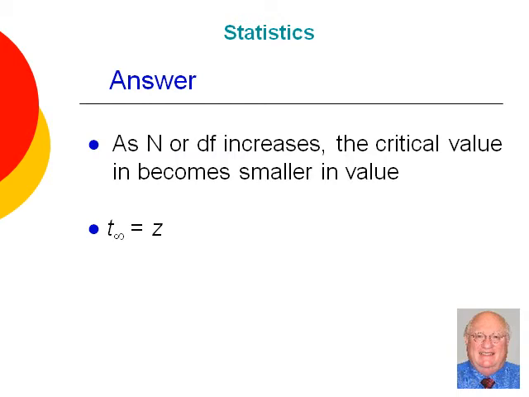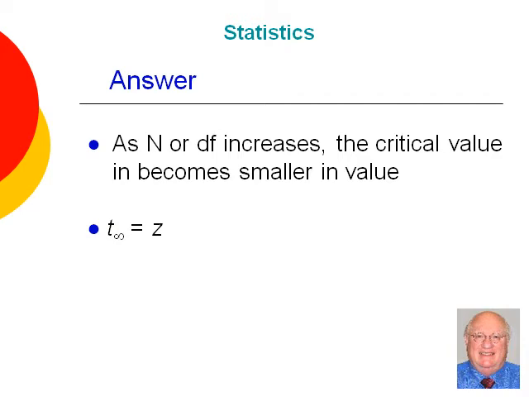And the critical value we would use if we had 20 degrees of freedom is plus or minus 2.086. Look through the column and notice how the critical value decreases as n, or degrees of freedom, increase.